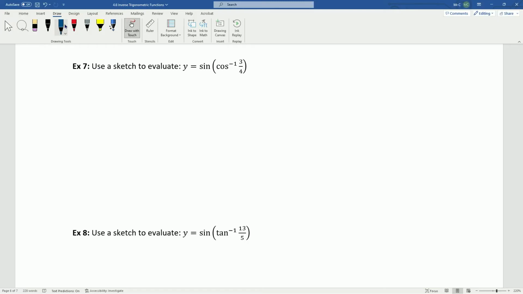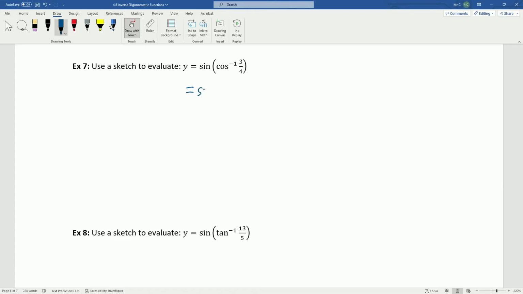So now we're going to look at how we can use sketches to evaluate these compositions of trig and trig inverse functions. So again, it's a lot of the same kind of ideas. We're just solving slightly different problems here. So here we've got y equals sine of cosine inverse of 3/4.